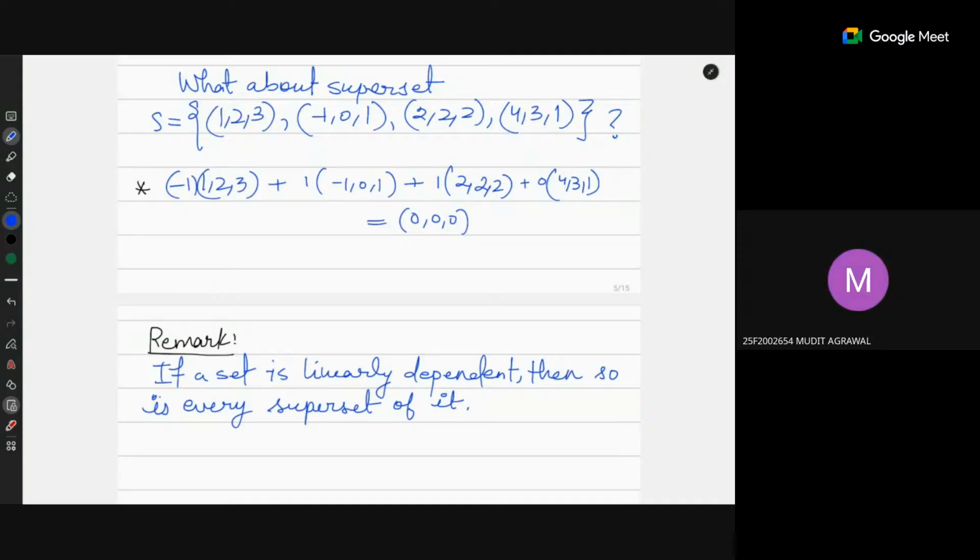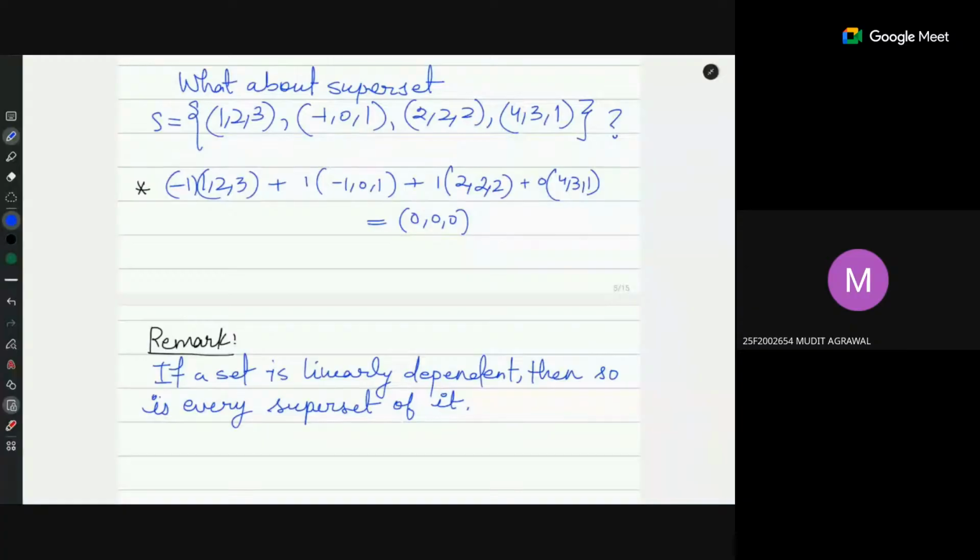But if we take a 0 vector and other vectors, the coefficient of the zero vector can be anything, and the coefficients of the other vectors we take as zero, then it also forms a linearly dependent set.